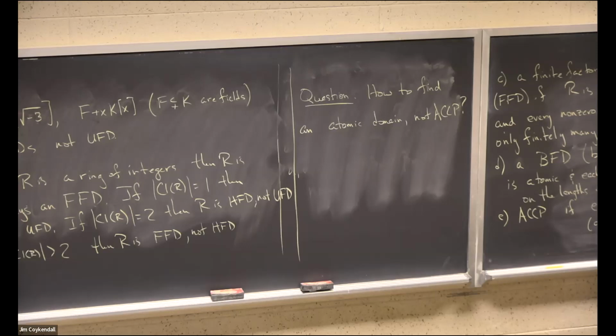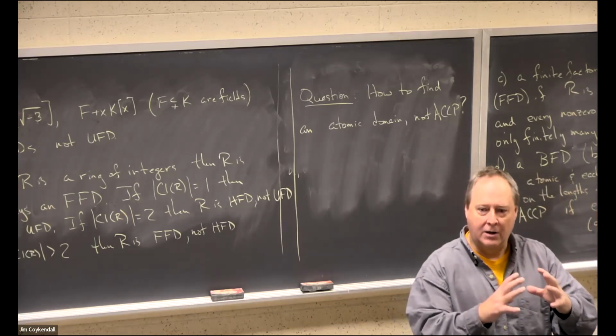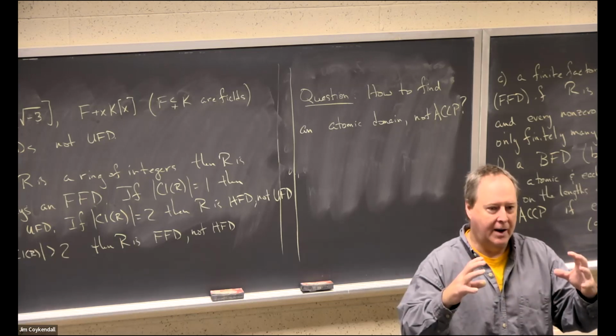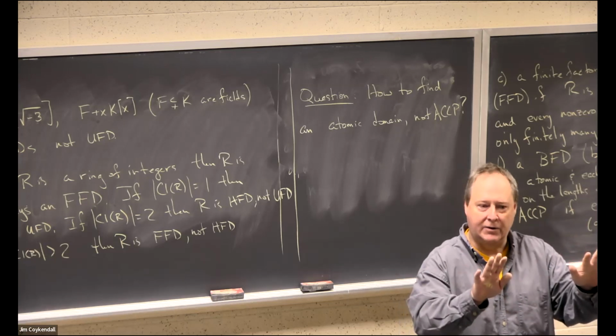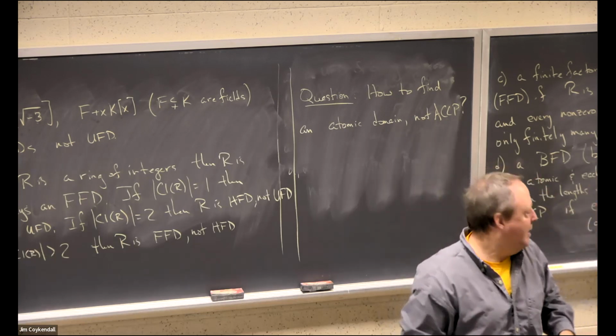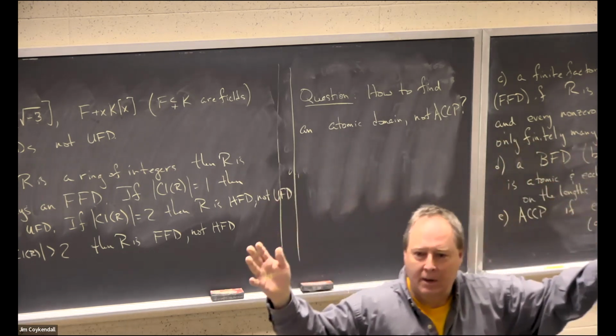So here's what I like to say: ACCP is atomic for idiots. In the following sense, start with an element that's not a unit. Pull off a factor of it, so now you've broken it down into two things. Take each of those factors and break those down. Because of this ascending chain condition, this process must stop.